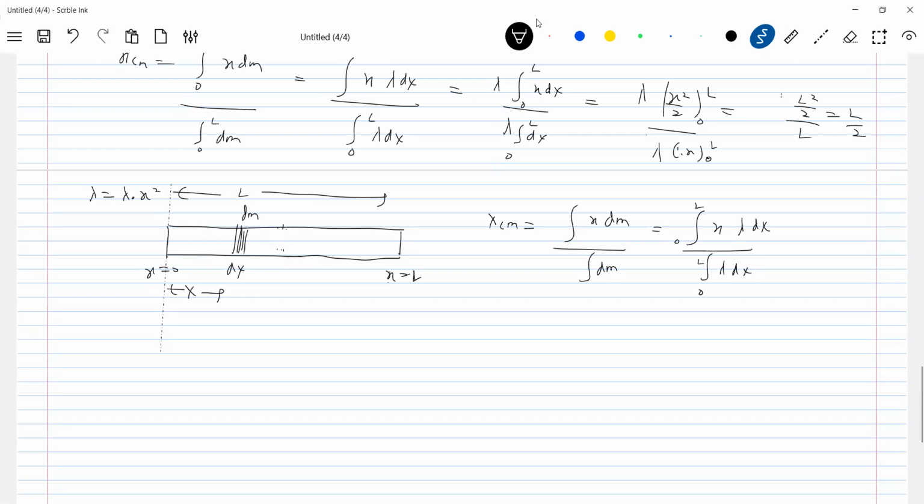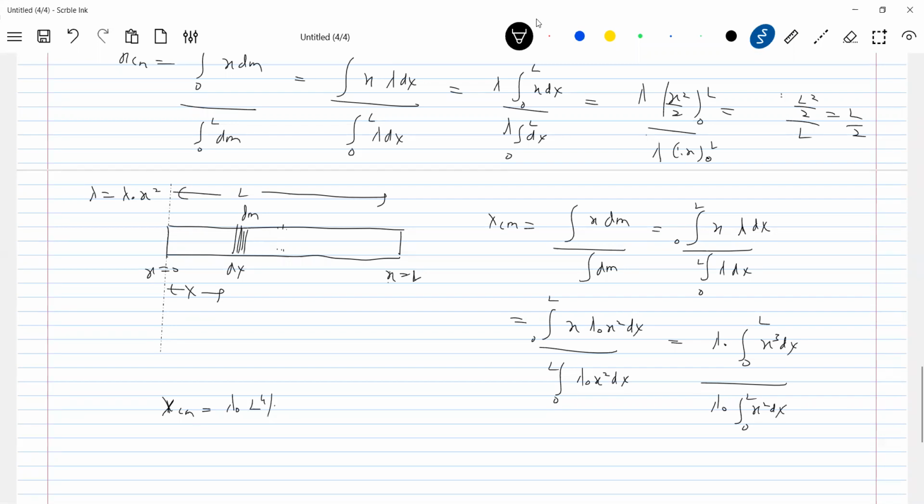The total mass of the rod we don't know, because the linear density is varying. So this should be the integral of x lambda naught x square dx from 0 to L, which is lambda naught x cube dx from 0 to L. The limits give lambda naught L by 4, since the integral of x cube dx is L to the 4 by 4. In the denominator, the integral of x square dx is x cube by 3.